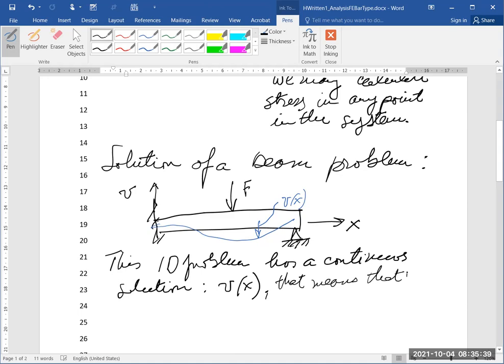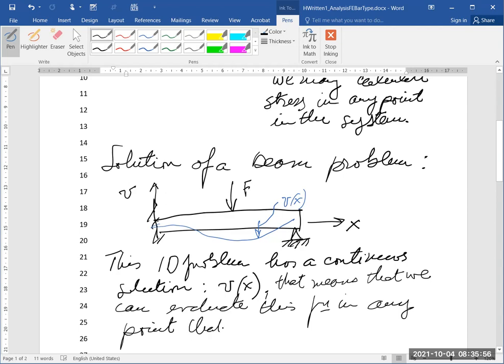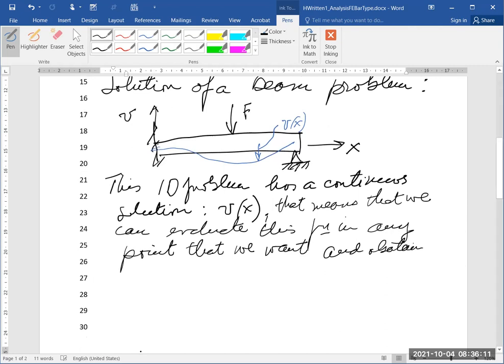That we can evaluate this function in any point that we want and obtain a value for the deflection.